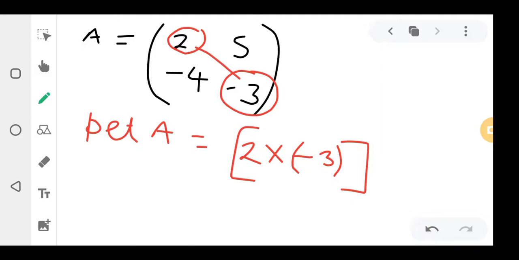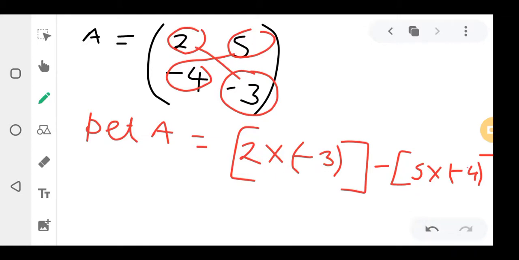Okay, and then you say minus, and then again there it's 5 times -4. So you say 5 times -4 in brackets, and then square brackets outside.